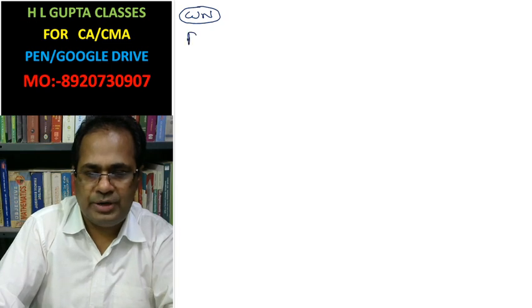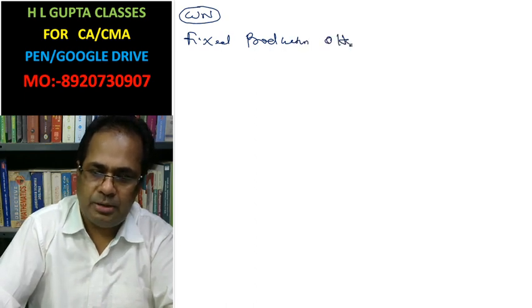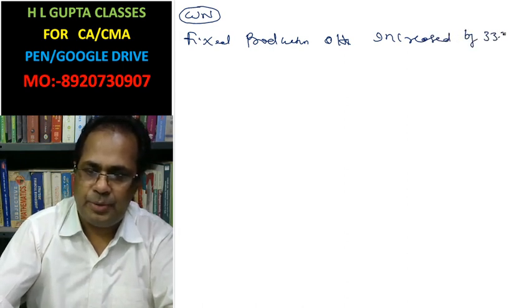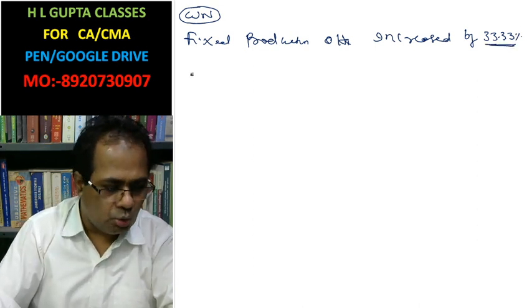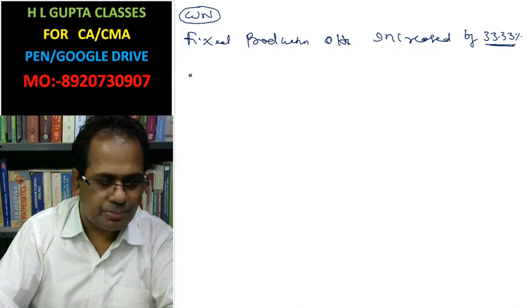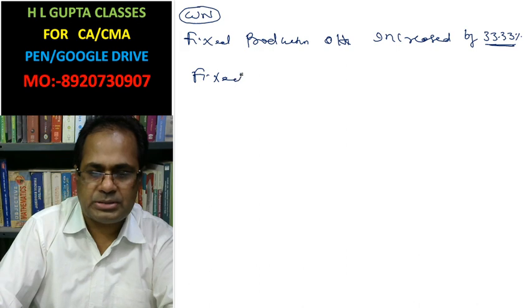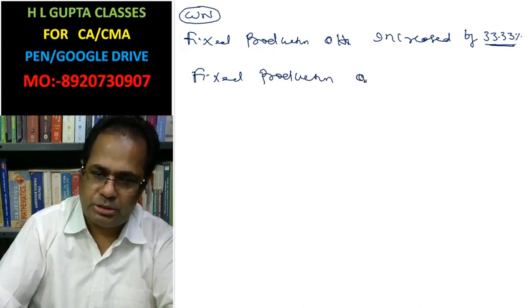Working note, fixed production overhead increased by 33.33%. Fixed production overhead increased by 33.33%. What will be the fixed production overhead?